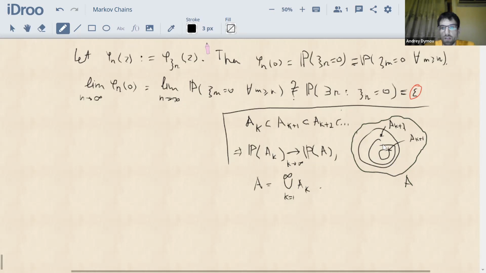Then the probability of the event A k tends, when k goes to infinity, to the probability of this union. This is called continuity of probability.